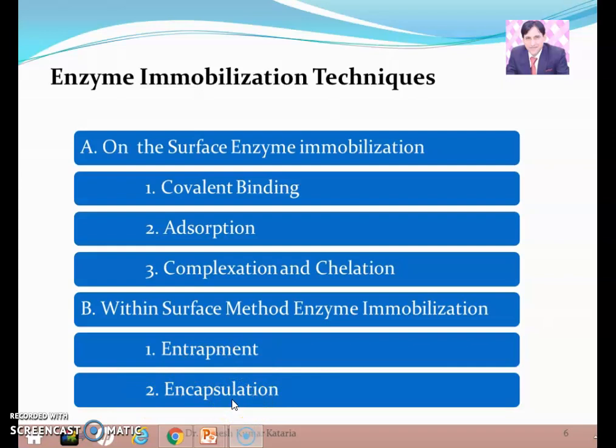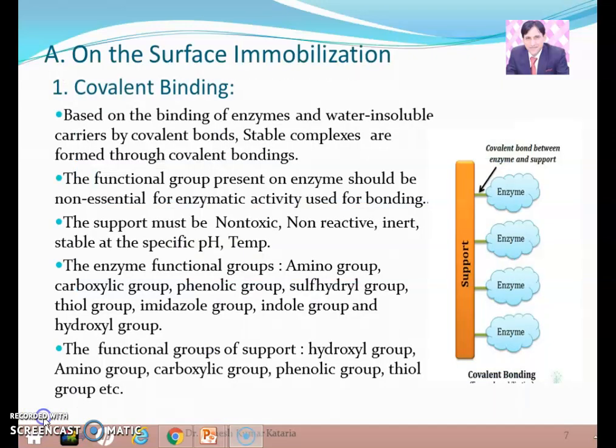So first, on the surface immobilization, there are three major techniques.